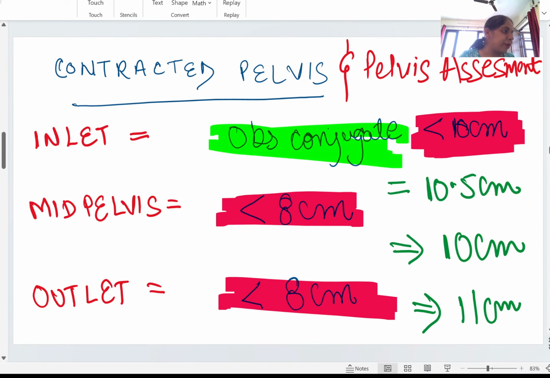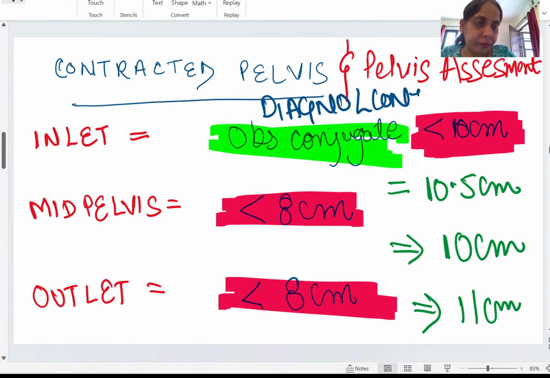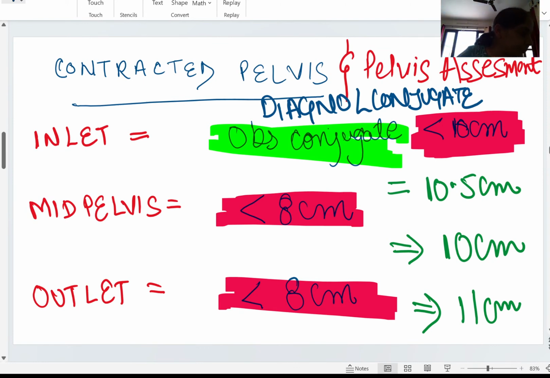Very good. So these are the normal diameters, but the contracted pelvis definition is also important. And what is the normal diagonal conjugate?